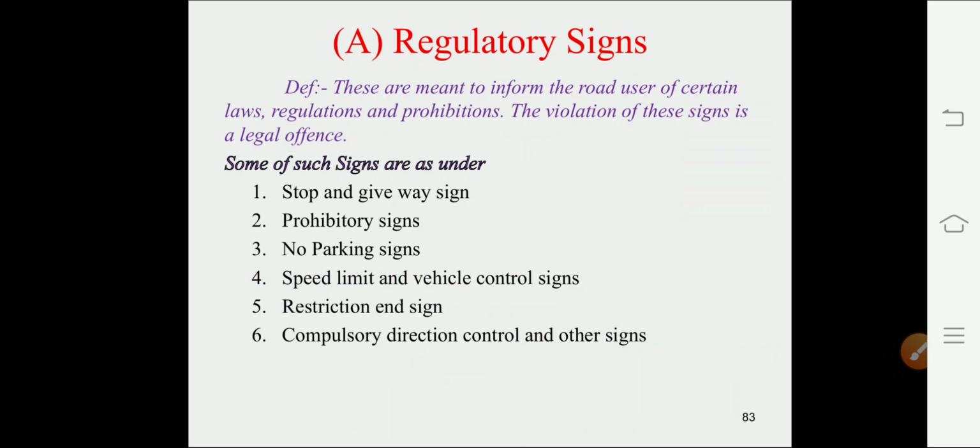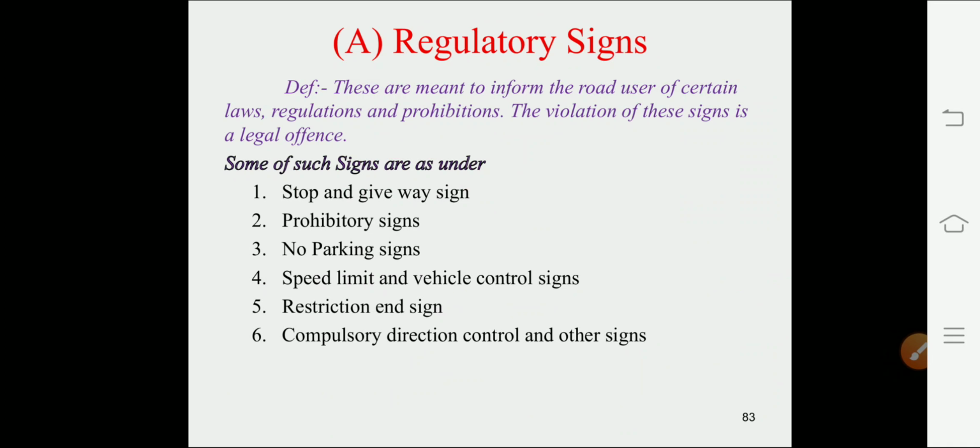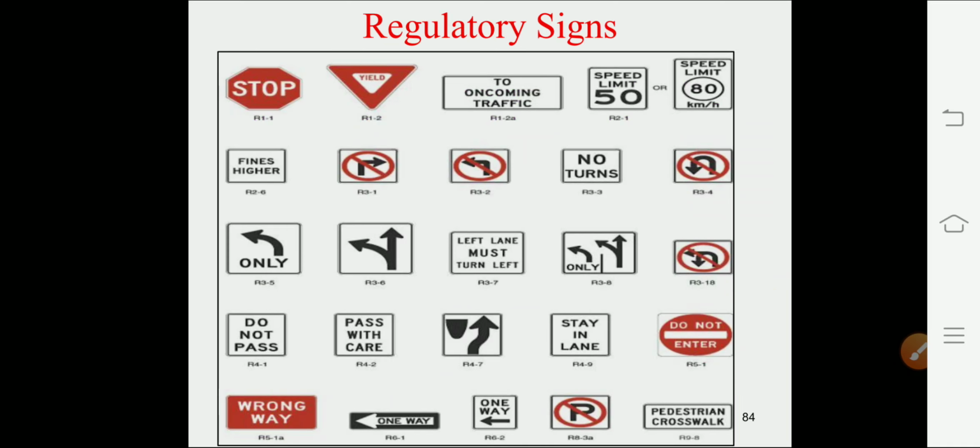Some of such signs are the stop and give way signs. Many times you might have seen all these types of signboards: prohibitory signs, no parking sign, right turn prohibited, left turn prohibited, no turn, only one side turn.